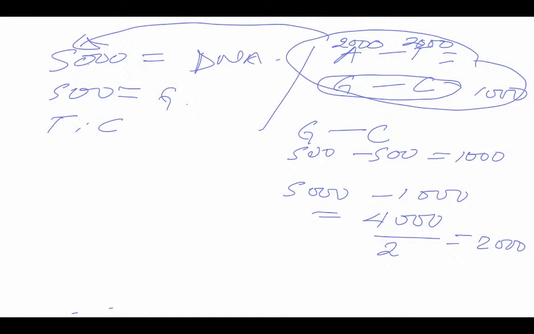I must make a total of 5,000. But the question is looking for the ratio of thymine to cytosine. Therefore, thymine is 2,000, and then don't change the arrangement. They say thymine to cytosine.